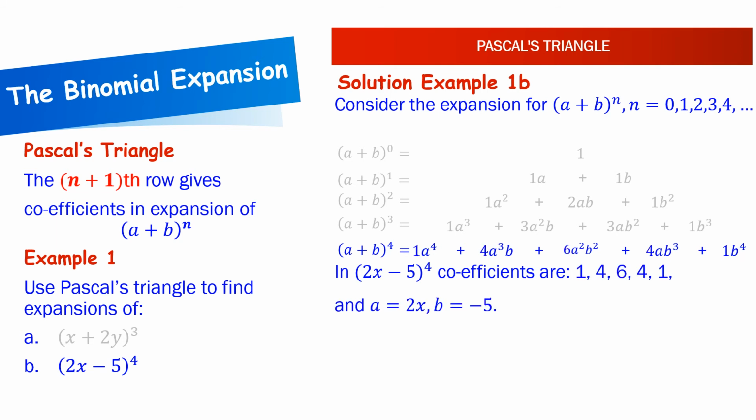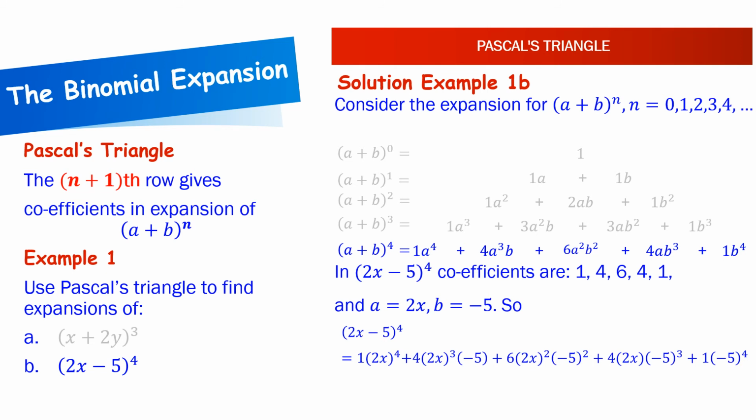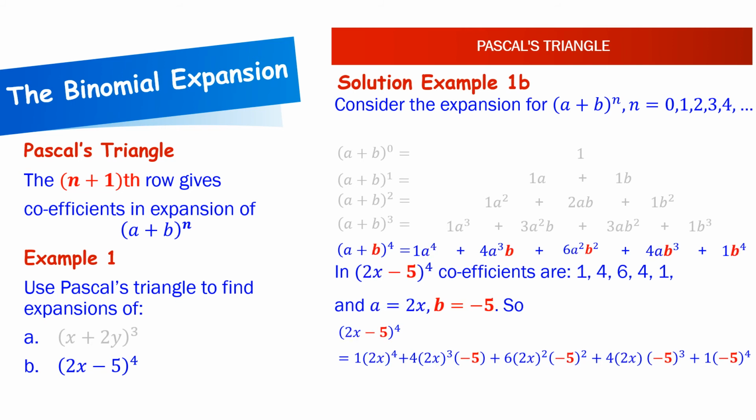So this time, let's substitute a for 2x and b for minus 5 to give us a equal to 2x substituted as shown and b equal to minus 5 substituted as shown.